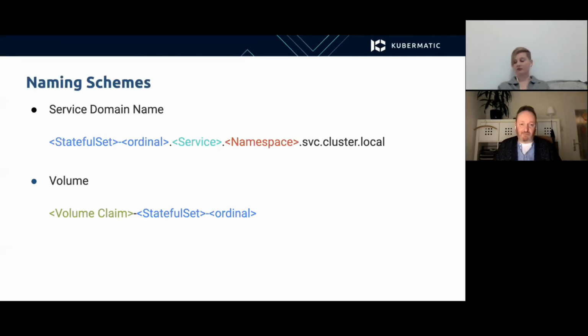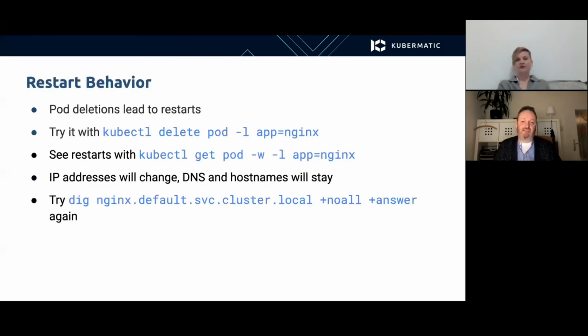That's already good. And if you want to take a look at the restart behavior, then you can simply try it. If you delete the pods, all the pods get recreated. You can see how they get recreated once again in the correct order.